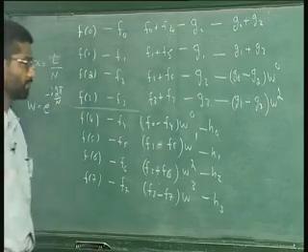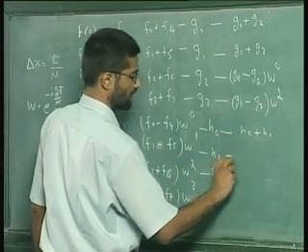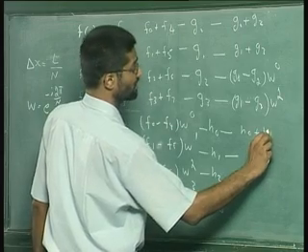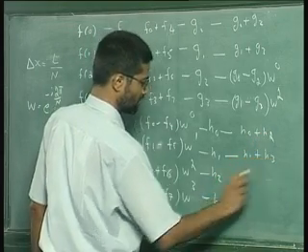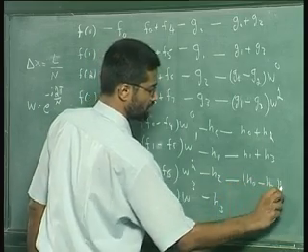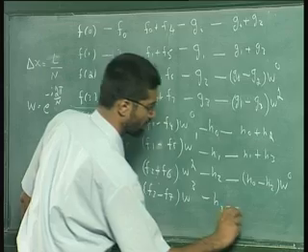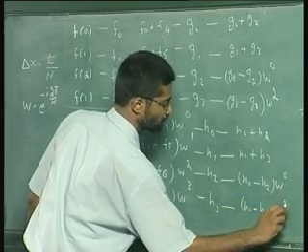Notice that it's 2, and here it is H0 plus H2, and here is H1 plus H3, and this is H0 minus H2 times W power 0, and here H1 minus H3 times W power 2.